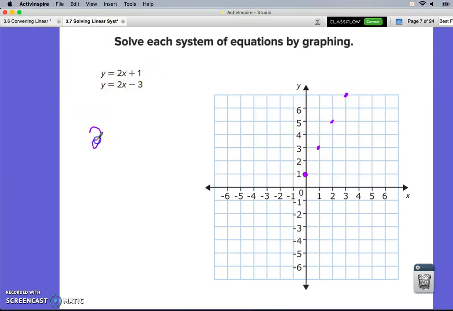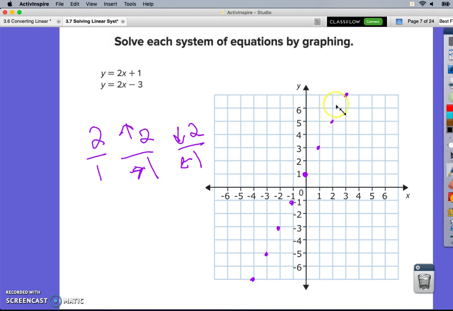Okay, so a slope of 2 is 2 over 1, up 2 to the right 1, or down 2 to the left 1, down 2 to the left 1. Sorry, did I say that wrong? I think I did. Okay, so down 2 to the left 1. Okay, there's my line.